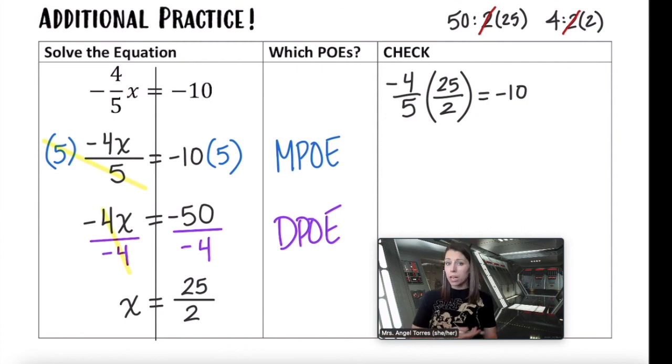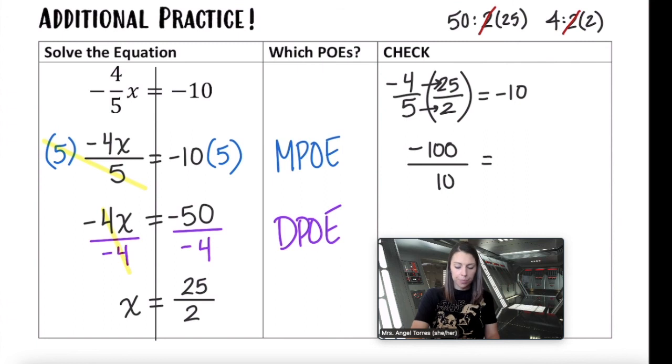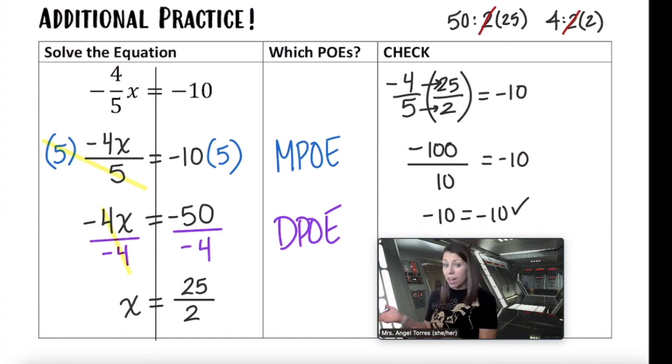Numerator times numerator and denominator times denominator. -4 times 25 is -100. And in the denominator, 5 times 2 is 10. Well, does -100 divided by 10 equal -10? Yes, it does, which means, believe it or not, the solution to this equation is 25 halves, or 12.5.